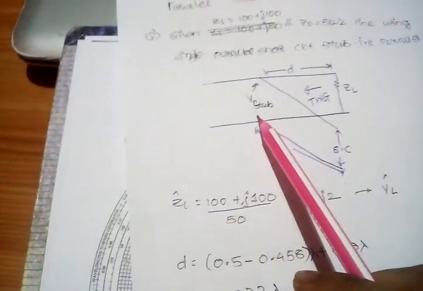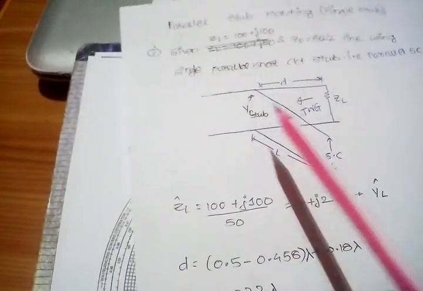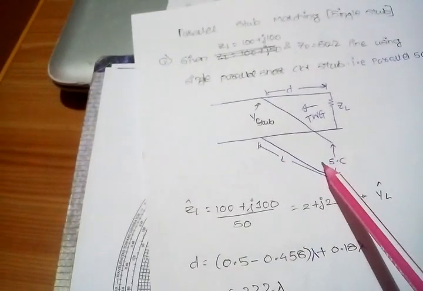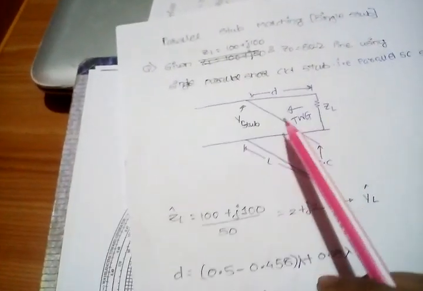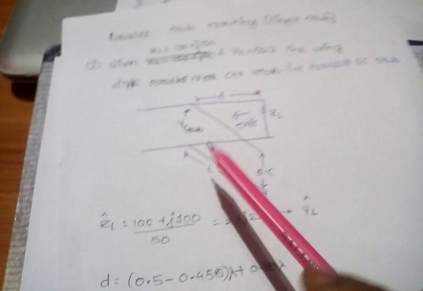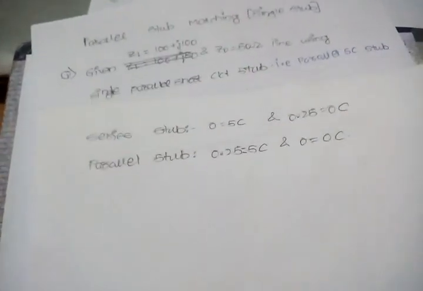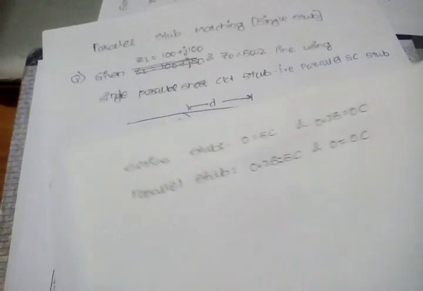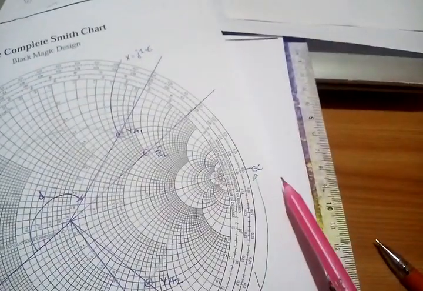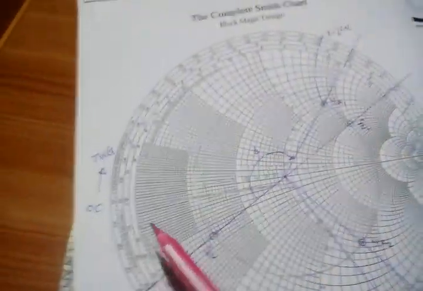Now I should know that I need to go from here to short circuit, because it's a short circuit question. So in parallel we know that 0.25 is short circuit and 0 is open circuit. So 0.25 is short circuit, this is my open circuit.